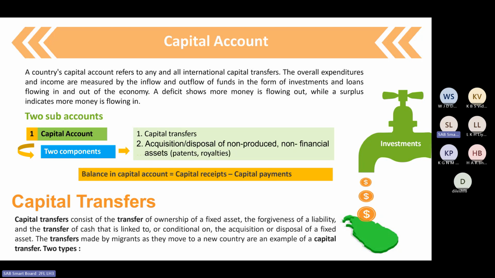The overall expenditures and income are measured by the inflow and outflow of funds in the form of investment and loans, flowing in and out of the economy. A deficit shows more money is flowing out, while a surplus indicates more money is flowing in.